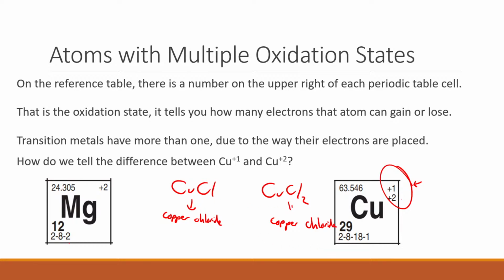And we need a way to be able to tell the difference between these 2 things because they are 2 different compounds. Even though it is a slight difference, it is an important difference. When we look at molecules on any scale, really, the tiniest difference changes what they do.